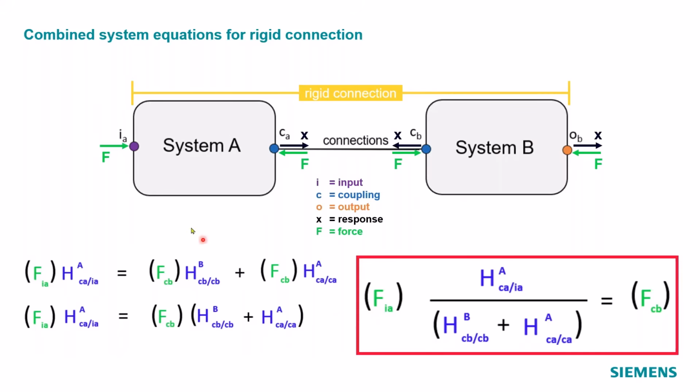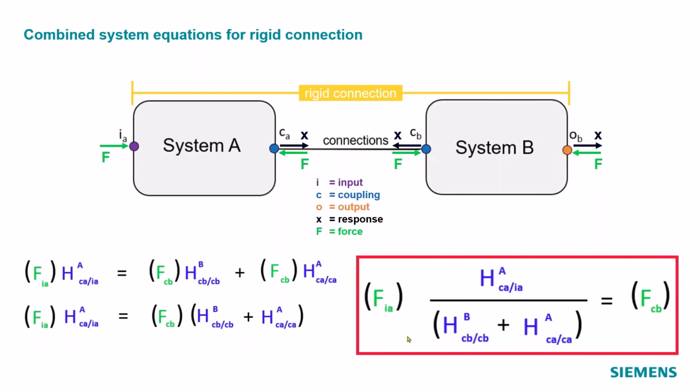I'm relating a force at the input to system A to the force that will be experienced at the coupling location on the second system, system B. And we see it's this relationship between these local and cross FRFs between system A and system B. So this is a good achievement, but we're not quite all the way there.